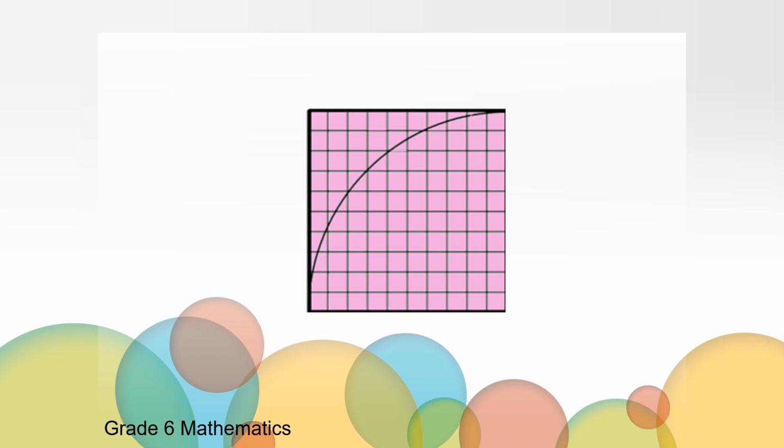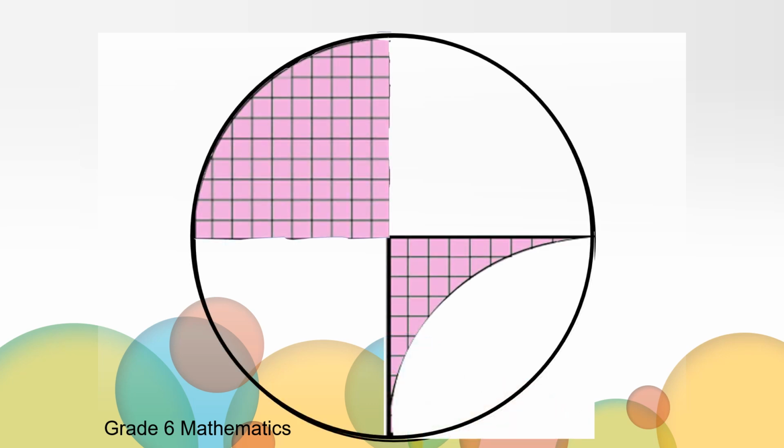I can use the larger part of the square quadrant to cover the top left quarter of the circle. I can use the smaller piece to begin covering the bottom right quarter of the circle. Now the area of the purple quadrant is covering the circle.